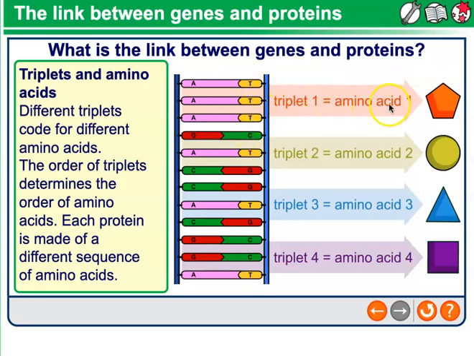It codes for the amino acid number 1. The next triplet, CTG, codes for a completely different amino acid. The third triplet, GTG, codes for yet a different amino acid. And CCT codes for another amino acid.